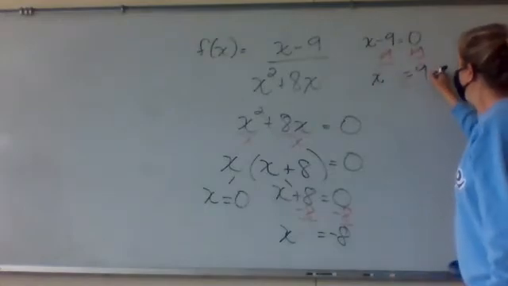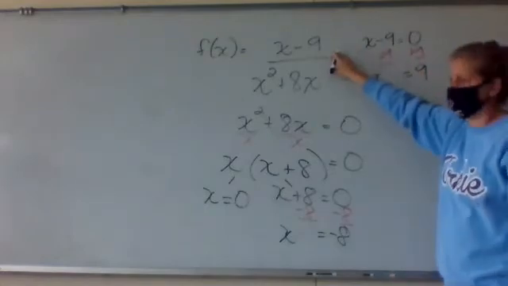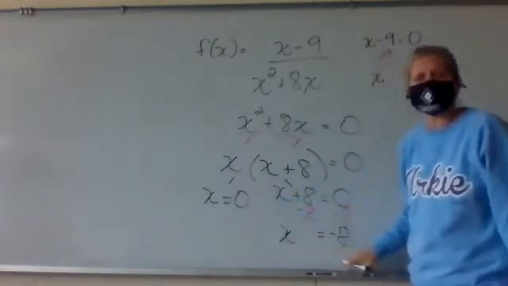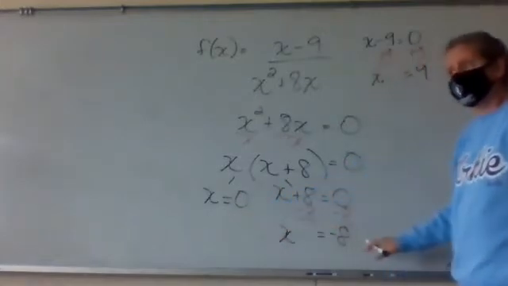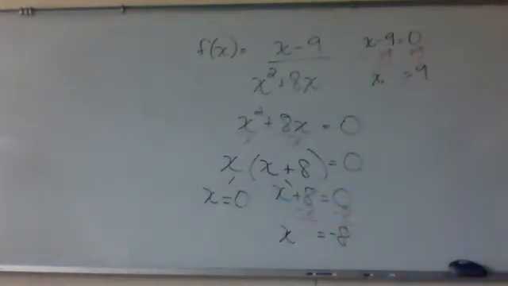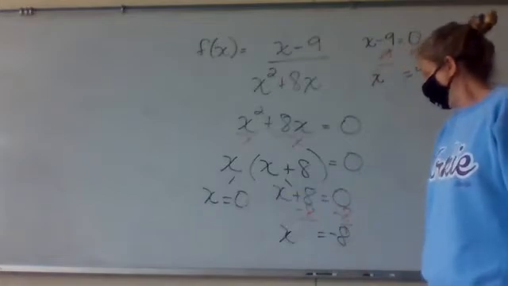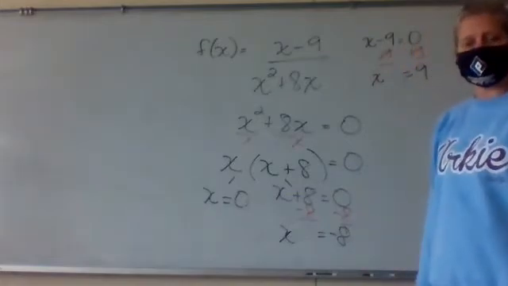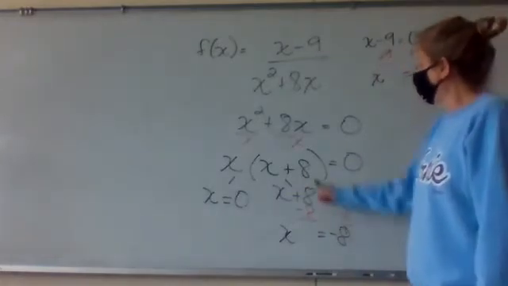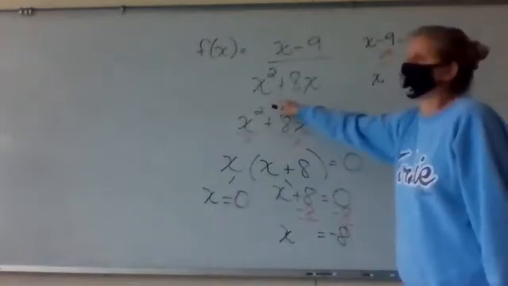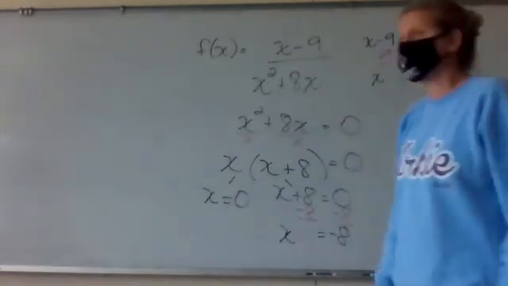So x equals 9. So that's the 0 of the numerator, which is not either one of those. So those are actually the 2 vertical asymptotes. There's a vertical asymptote at 0 and one at x equals -8. Could I have solved this in my quad program since it's x squared? Sure.